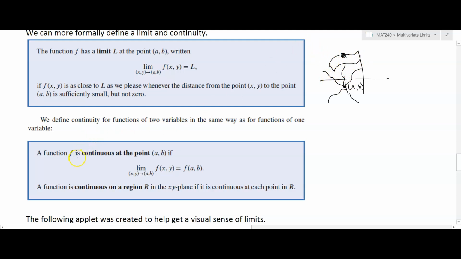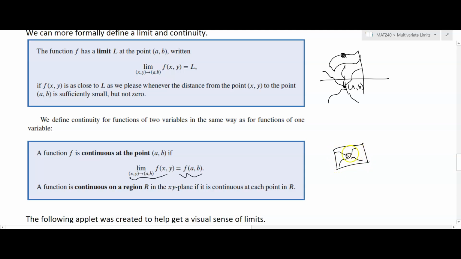Now, in addition to having a limit, a function is continuous if that limit does exist, right? So that limit exists, and it's equal to the output of the function at that point. The consequence of not having this is, again, going back to that idea, if you have a hole in your 3-dimensional surface, well, it's not continuous because you can't actually drive through that point.